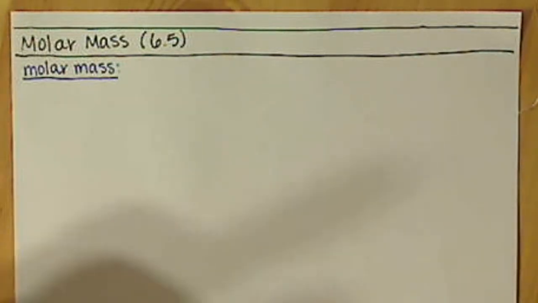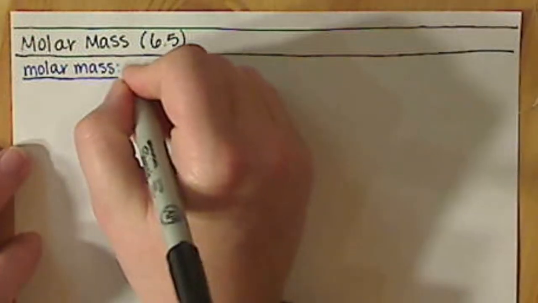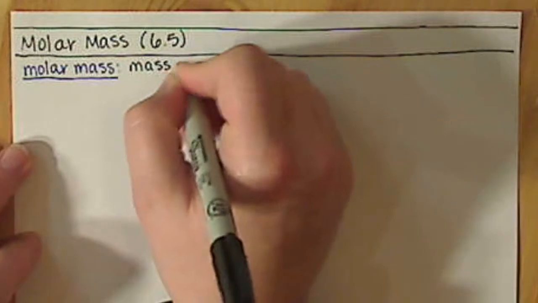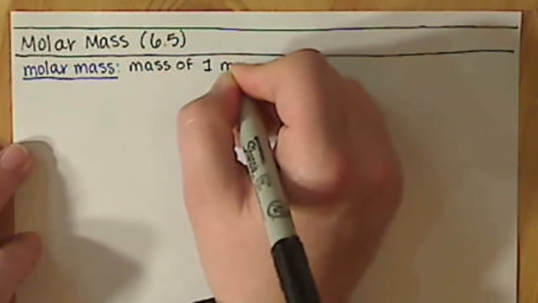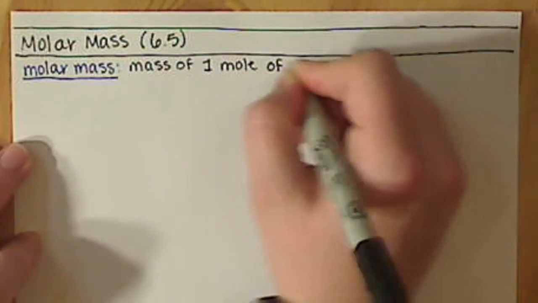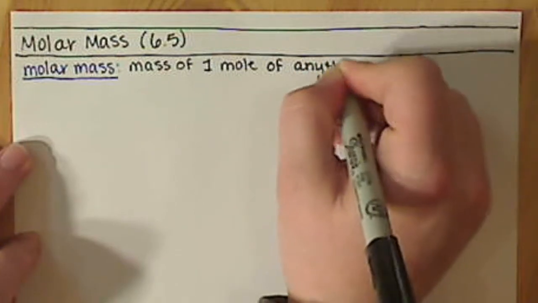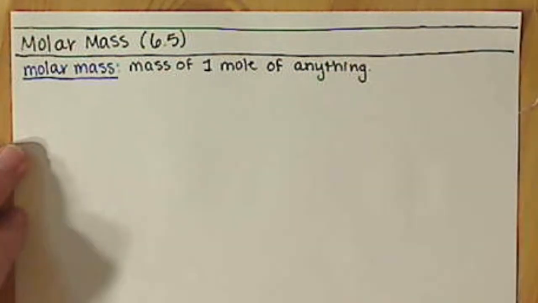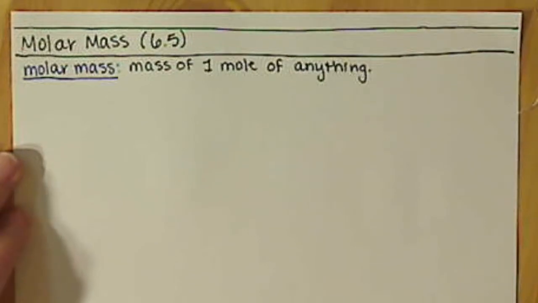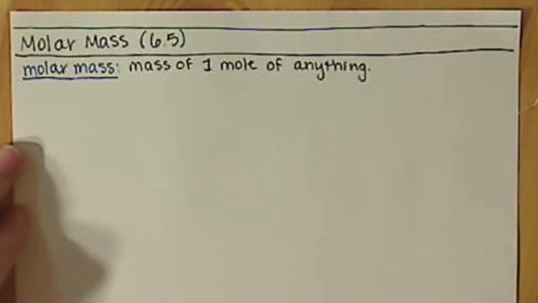For molar mass, we're looking at the mass of 1 mole of a compound or of anything. Now, molar mass is what I'm going to call it.